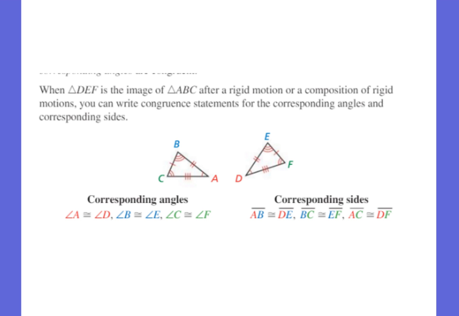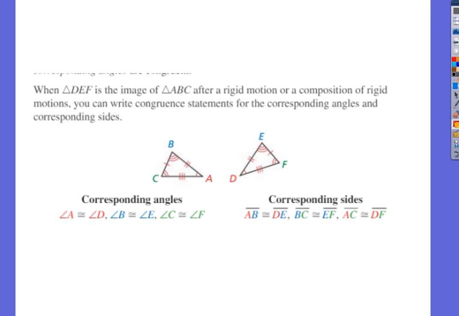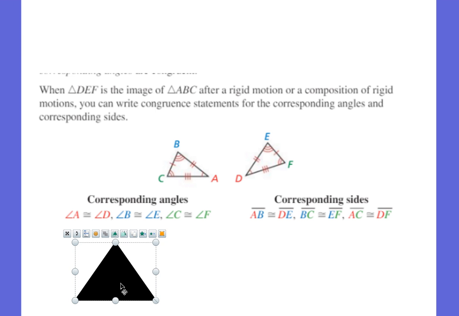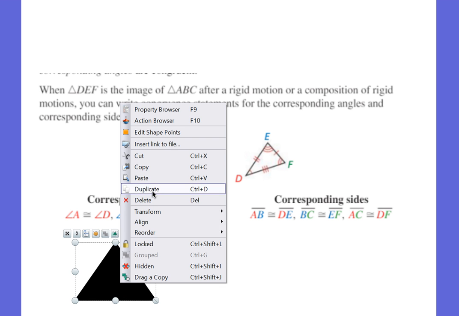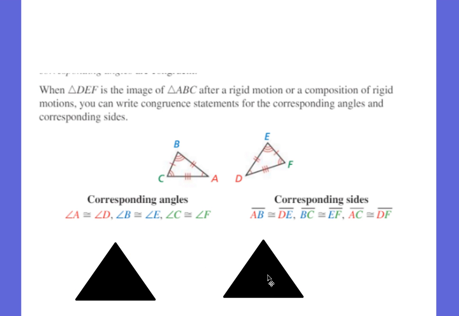Let me explain. Let's say, for instance, I have myself a triangle, and I'm going to go ahead and duplicate and copy this exactly as so.